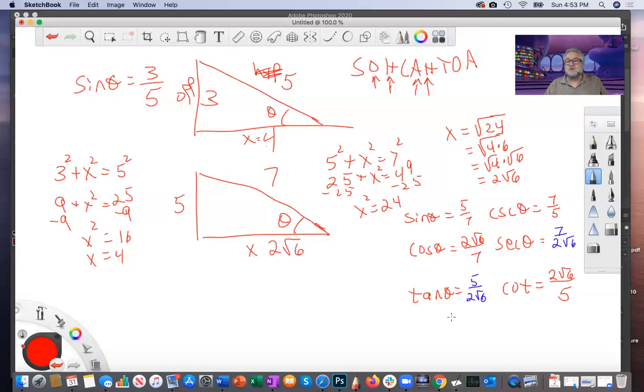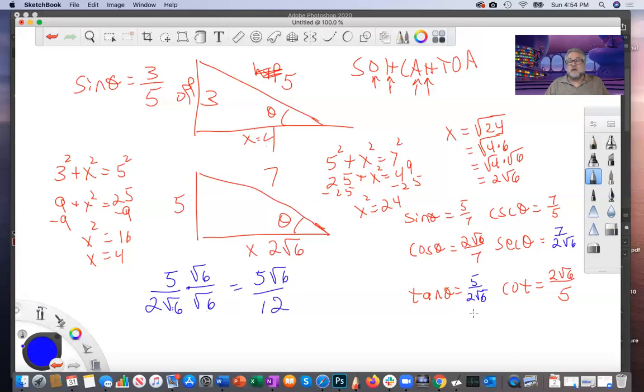Now, why do I write these in blue, other than it's beautiful? It's because I have a square root in the bottom, and you are not allowed to have a square root in the bottom. So 5 over 2 radical 6 will get marked wrong. You have to multiply by square root of 6 over square root of 6. And what happens when you do 2 times square root of 6 times square root of 6? It becomes 6 times 2, which is 12.